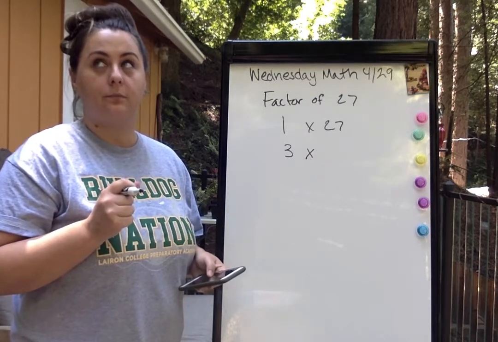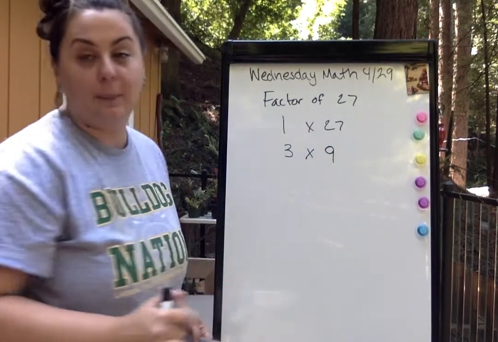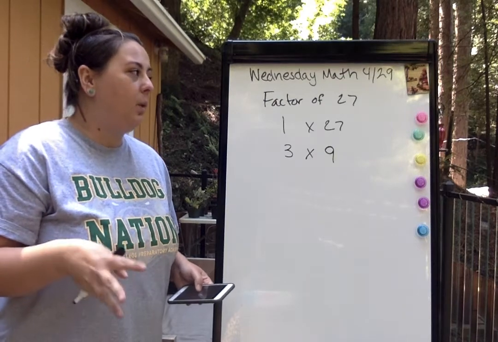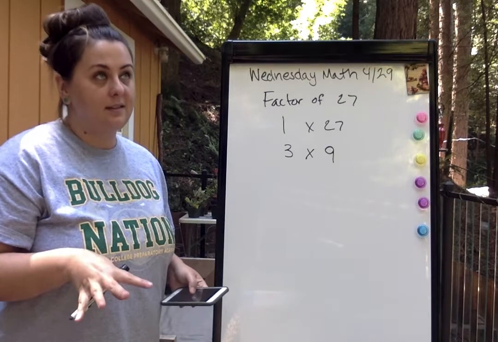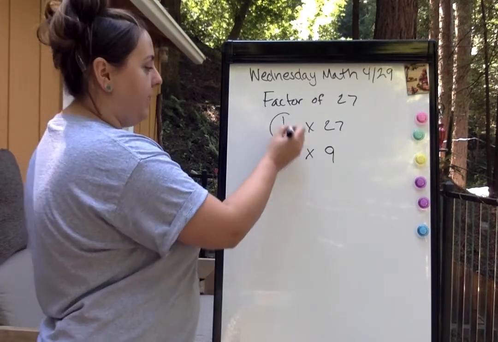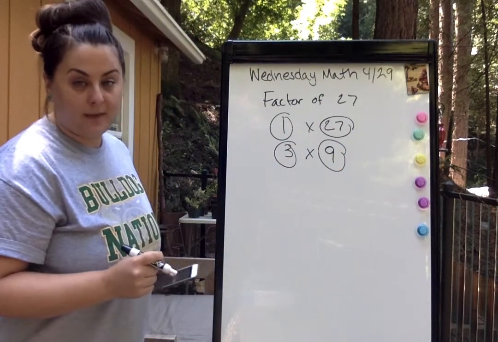Well, 3 times 9. And if you're up on your math facts, then you already knew that. Now, if I'm thinking 4 doesn't work, 5 doesn't work, 6, 7, so that's going to be it. You're going to mark off 1, 3, 9, and 27.